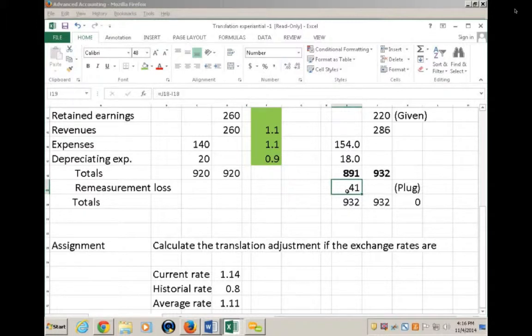So you would have that, and somehow it would just reduce our equity. So it would just be an equity reduction via that expense. It just recorded translation expense loss.